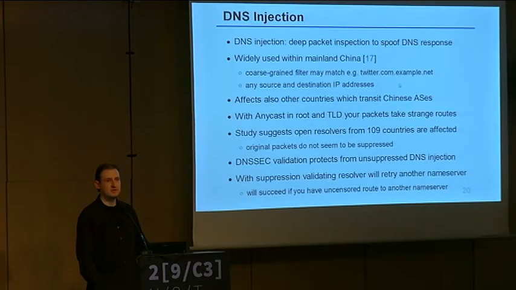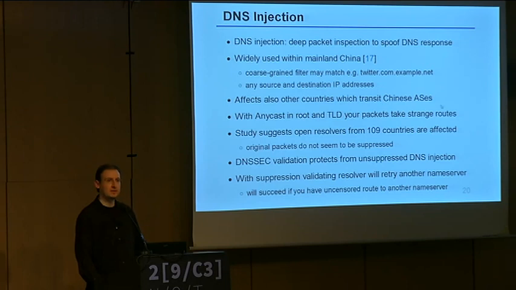Now you may ask yourself, I don't live in China, why should I care? But this does not only affect Chinese ASs. It also affects networks from other countries. And with anycast, which is being used in the root and in top-level domains, your packets may take strange routes.